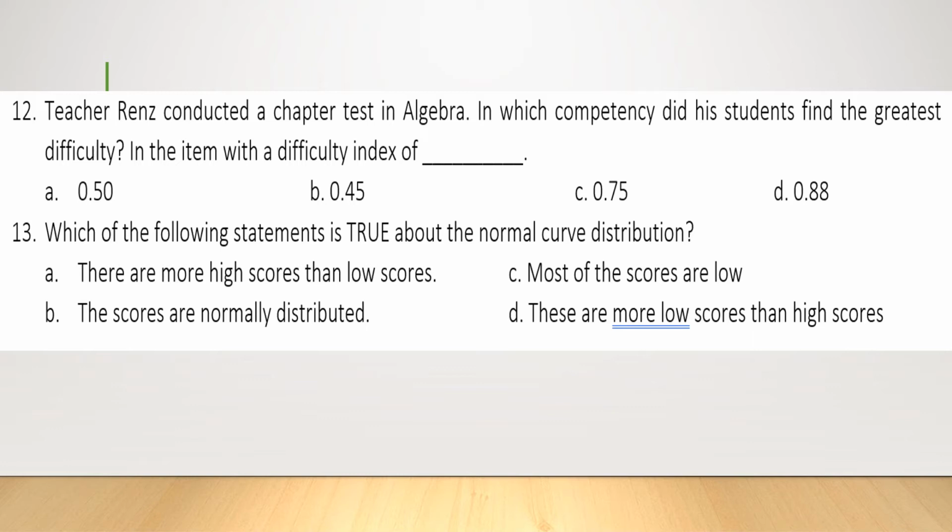So, asa man diha ang pinakaubos? 0.45, so letter A. So, para di mo maglibog naani siya ay table, difficulty index table, naka-categorize na siya, naka-bracket ni siya kung asa nga unsa nga difficulty index na makaingon ta nga very easy ang item, average ba ang item, or difficult ba ang item. So it's very searchable in the internet. But in this question, the correct answer is 0.45. 0.45. Meaning to say, anong 0.45?